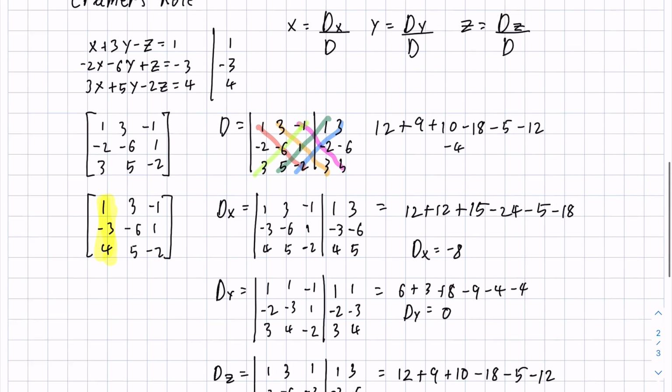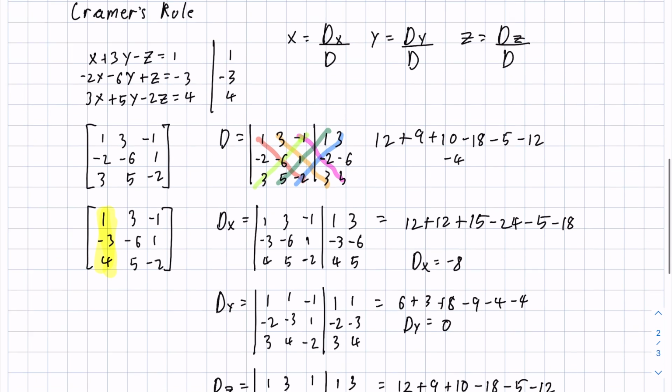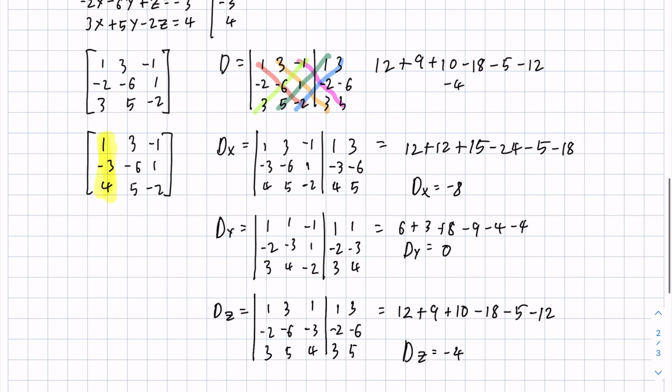Okay, we got Dx, we got Dy, we got Dz, we even got D. We have the original equations here. All we have to do is plug them in and get our actual values.